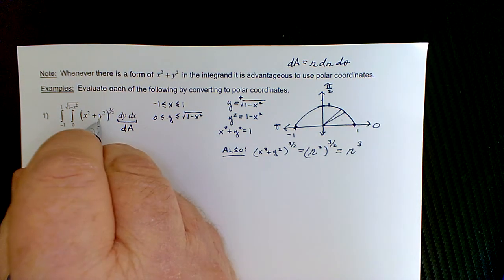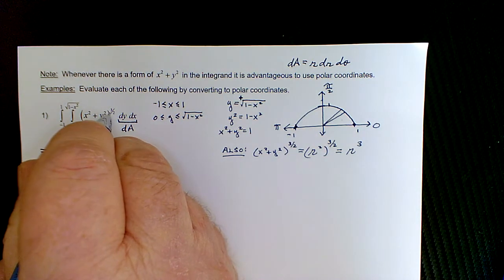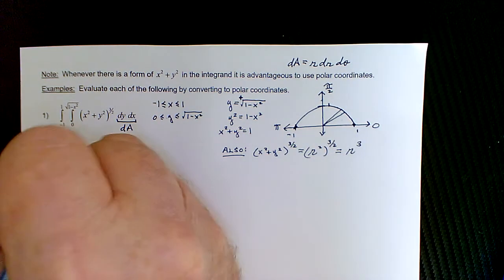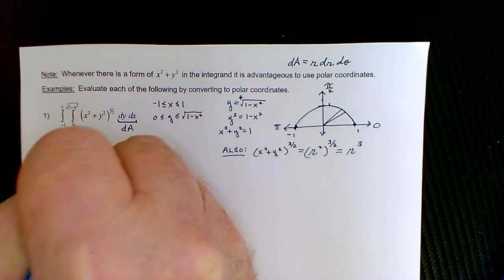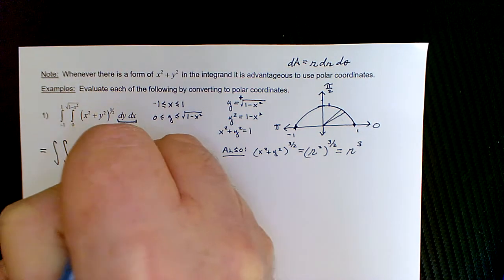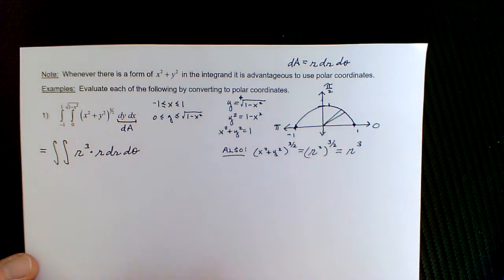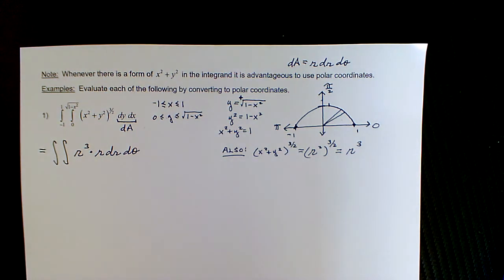So x squared plus y squared to the 3 halves becomes r cubed, and then we have times the r dr d theta. So that's our dy dx, which is equivalent to our differential dA.